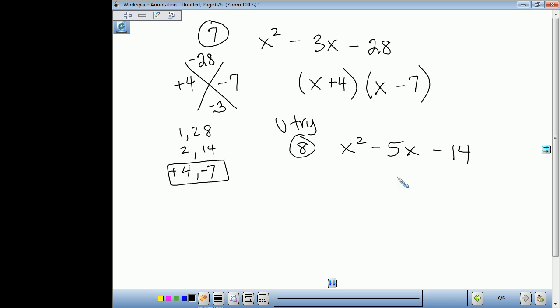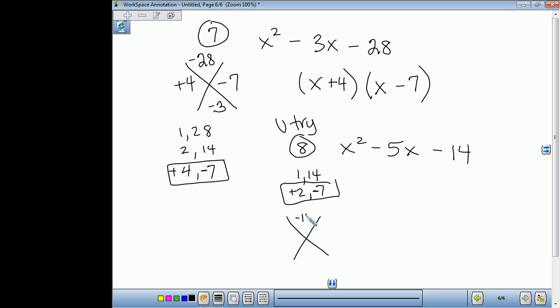Hey, Miss Goodrich. All right. So if we think about the factors of 14, we have 1 and 14. We have 2 and 7. And that's it, isn't it? Yes. So which one of these, if I subtract them, I can get 5? The 2 and the 7. But we need the 7 to be negative so that we can get a -5.